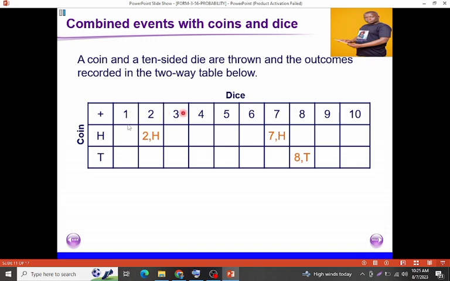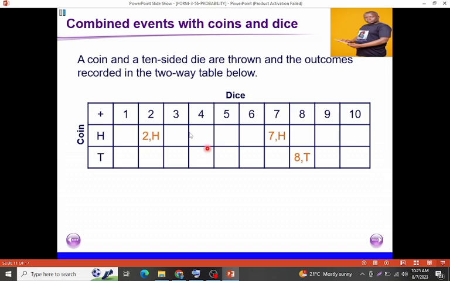So you can combine these. For example, here you combine a 2 and a head. It will give you this one, 2 comma head. It means you have combined this and this. Here you combine a 7 and a head, you have this. You combine an 8 with a head, it will give you this one here. So you can complete the table with the rest of the outcomes.